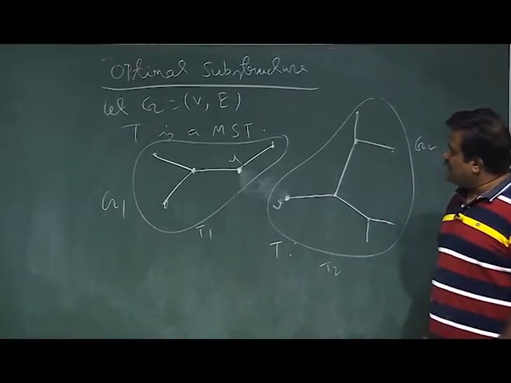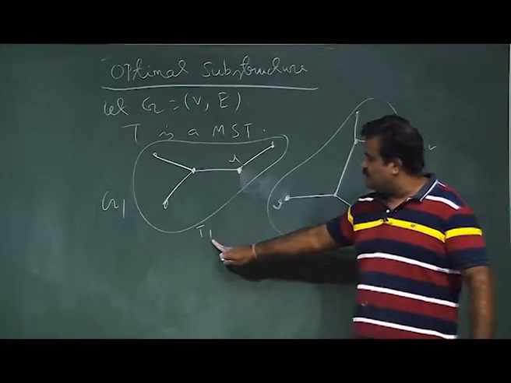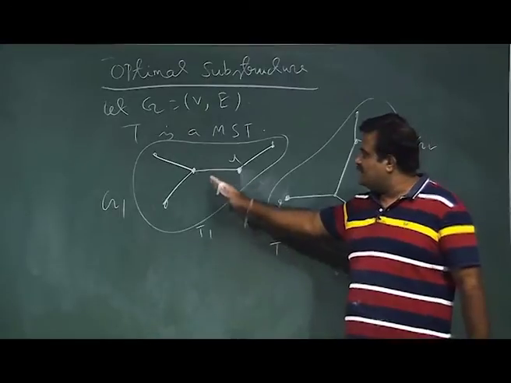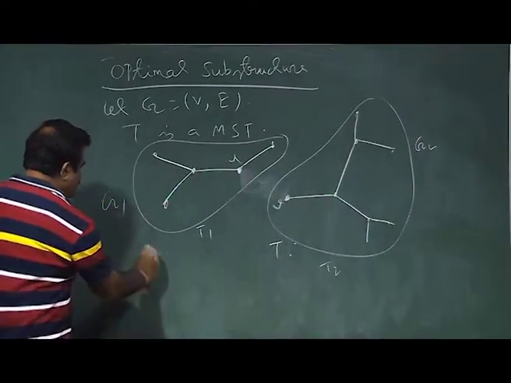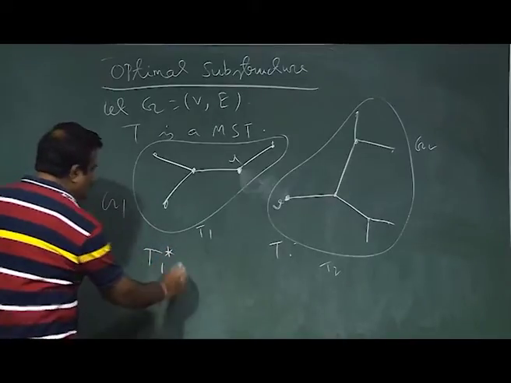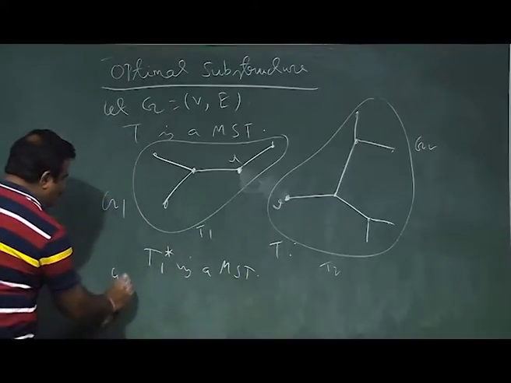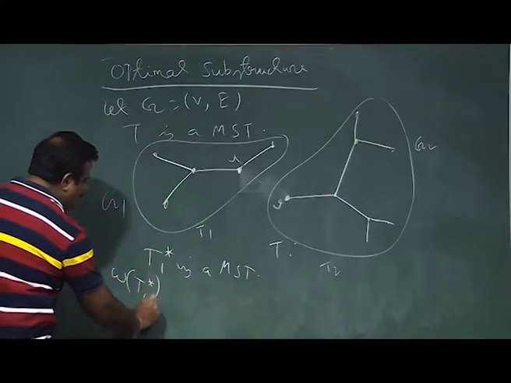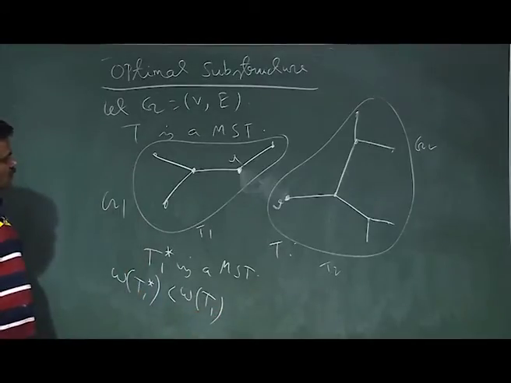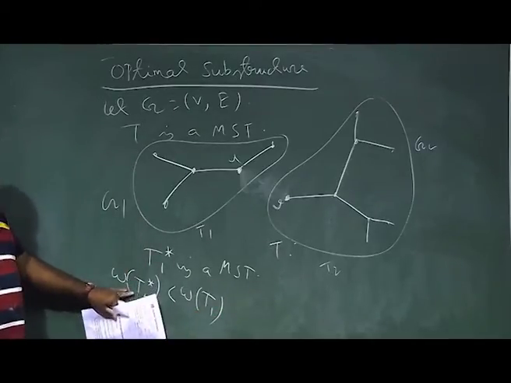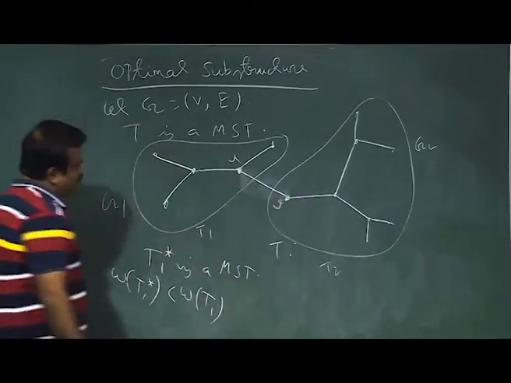So to prove that, let us suppose this is not so. Suppose T1 is not a minimum spanning tree of G1. That means there is another tree which is a minimum spanning tree of G1, that is T1 prime. So weight of T1 prime must be less than weight of T1. So what we do? We take that T1 prime, we take this edge UV and we take T2.